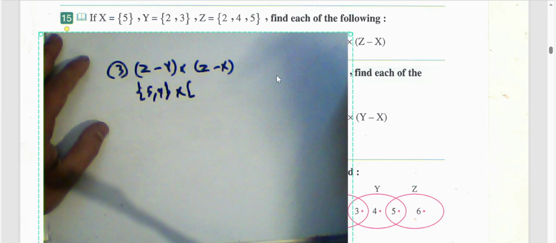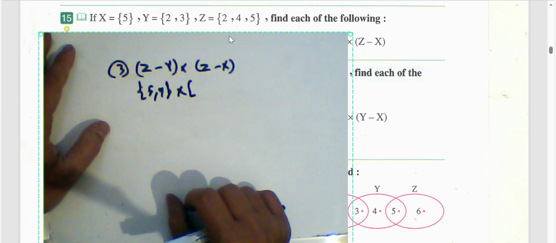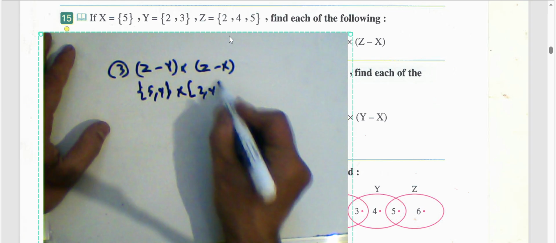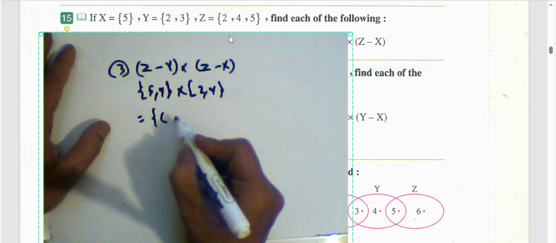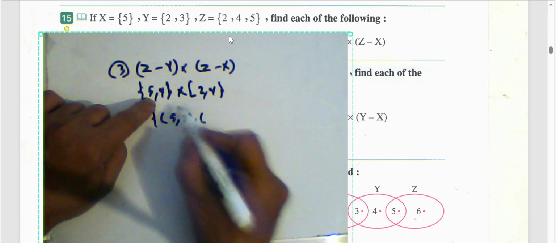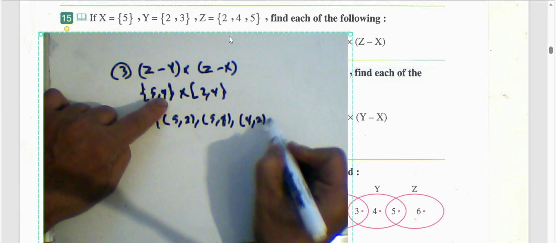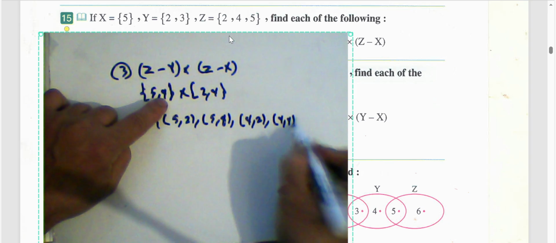And z difference x, what is the element in z and not found in x? We have 2 and 4. Z difference x, it will be 2 and 4. And then you can complete, find the order, 5 with 2, and then 5 with 4. Complete 4 with 2, and 4 with 4.